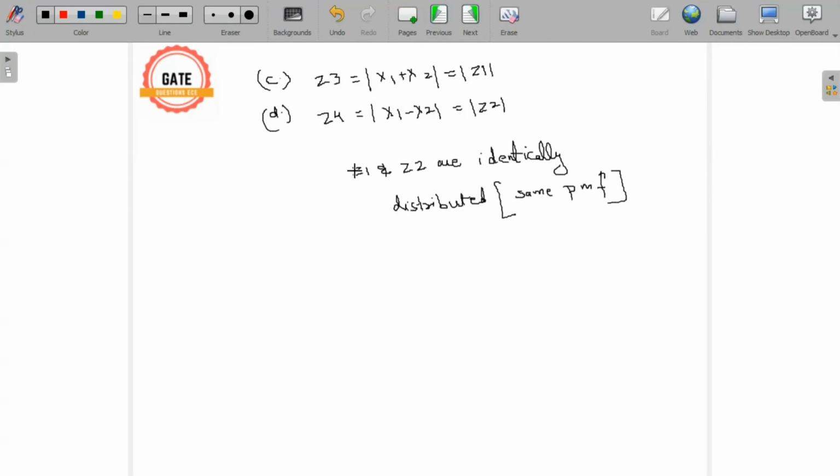Okay, so since they have same PMF, both mods will have same PMF. So Z3 and Z4 will have same PMF. Means they are also identically distributed.